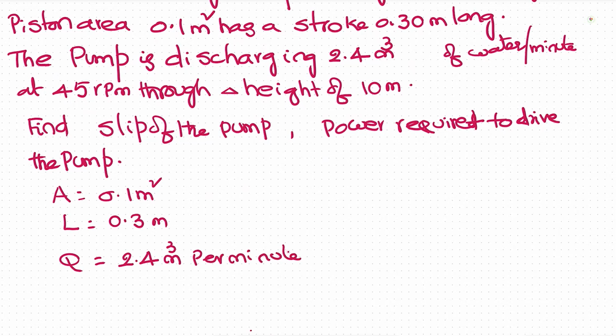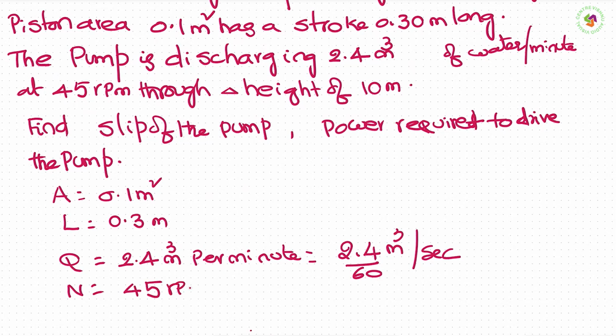But discharge cannot be in minutes, so 2.4 meter cube by 60, so this is per second, right? Then what more he has given? N is equal to 45 RPM. Then he has given HS plus HD both together, 10 meters. So this is the thing.